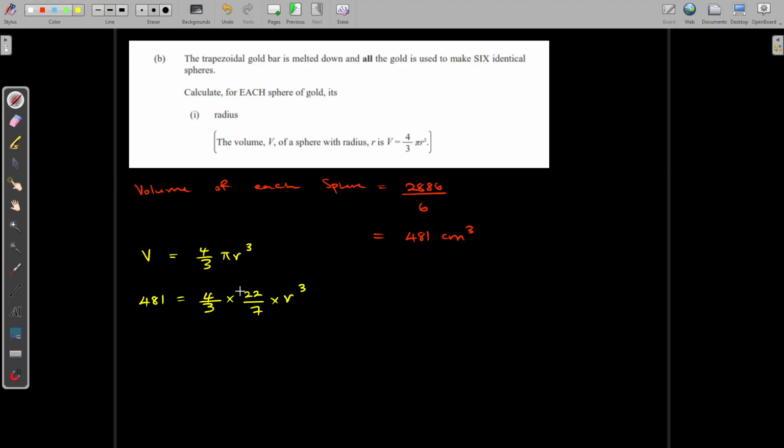So let's simplify. So 481 equals 88 over 21 r cubed. So let's multiply these across. To get rid of this 88 over 21, what we can do is multiply both sides by 21. So that cancels. So this times 21 is what?